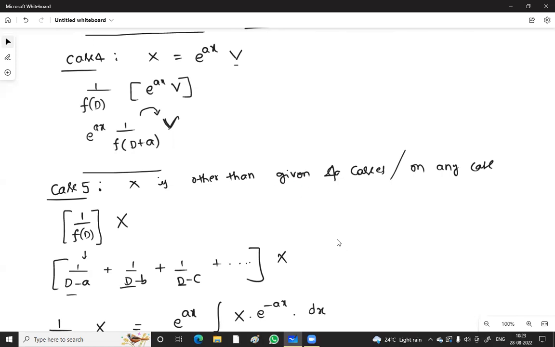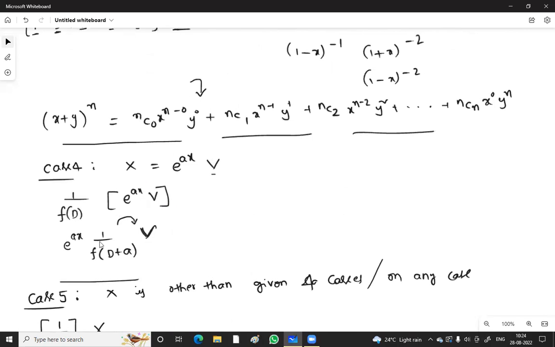So now you may think, how are we writing this? In this case, why do I need to put D equal to D plus a? Then how is this e power ax skipped? To understand that, you have to read the proofs for each case.